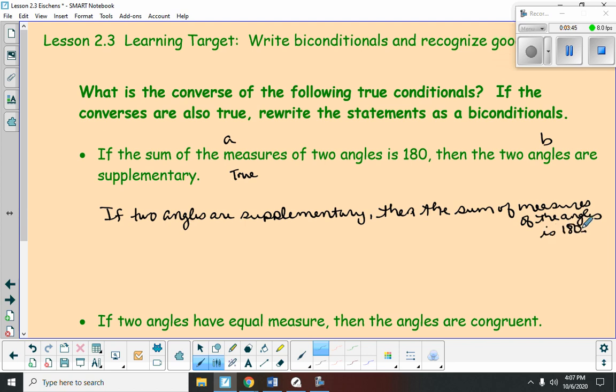Okay, so let's look at that and see if it's true. If two angles are supplementary, then the sum of the measures is 180. That's also true. So we can write that as a biconditional since it's true both ways.